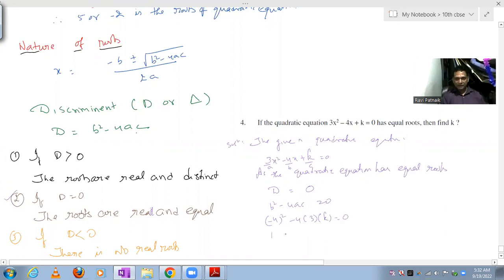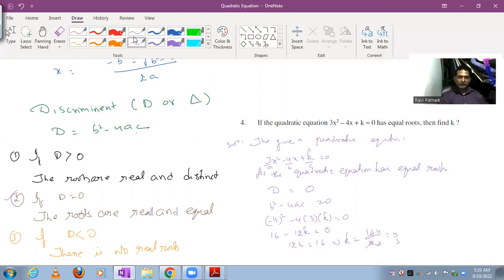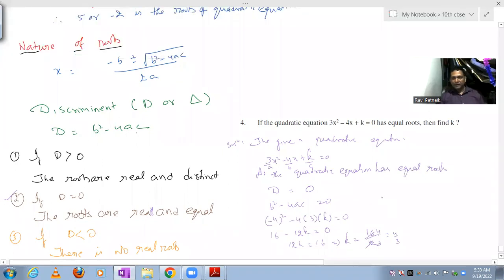This is 16 minus 12K is equal to 0. So 12K is equal to 16. So K is equal to how much? 16 by 12, so 4 by 3. Therefore, the roots of the quadratic equation are real and equal.